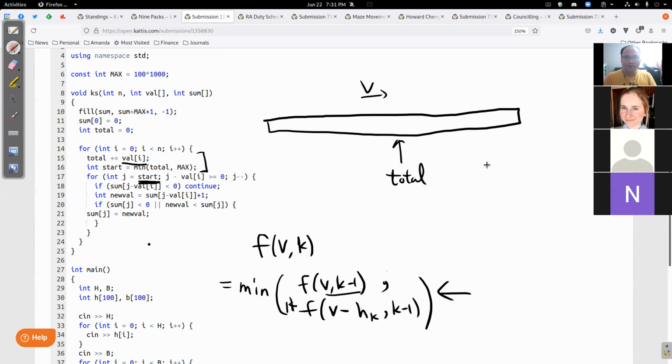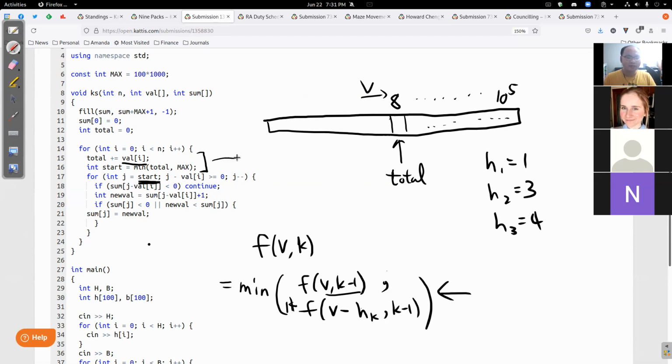So maybe my first 3 packages are 1, 3, and 4. Then you know that 8 is the biggest you can ever reach, even though the max is actually 10 to the 5 over here. There's actually no reason to bother computing any of these entries because you know that you can never reach them.